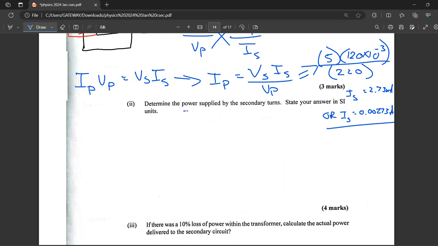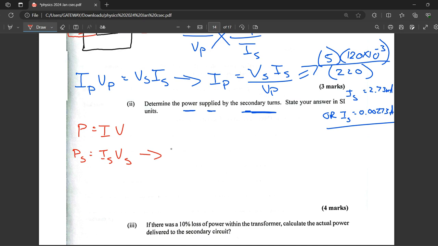They said to determine the power supplied by the secondary turns, state your answer in SI units, right? So we could use power is equal to current multiplied by voltage. The one is secondary, so we could just say the power in the secondary will be equal to the current in the secondary multiplied by the voltage in the secondary.